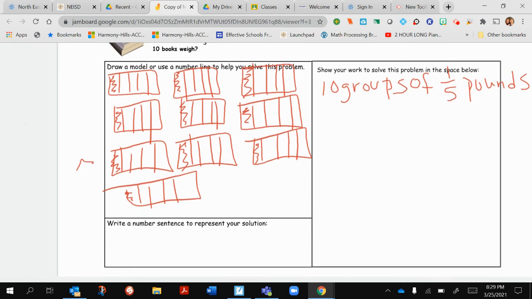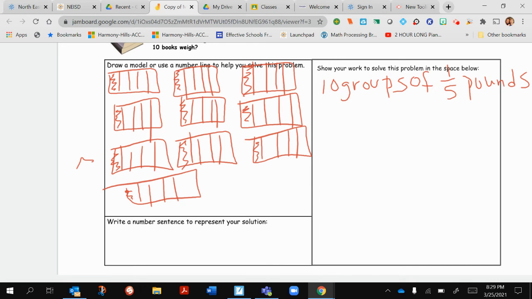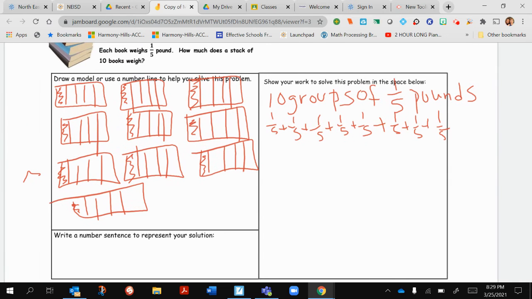All right, so next, coming over here, I have 1/5 plus 1/5 plus 1/5 plus 1/5 plus 1/5 plus 1/5 plus 1/5 plus 1/5 plus 1/5 plus 1/5.